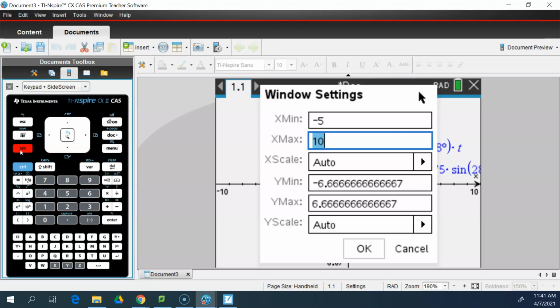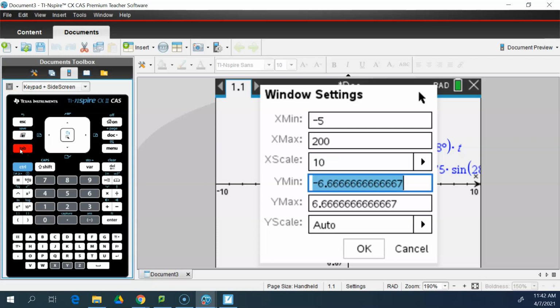How far out do we need to go? Well, where's the wall? 190 feet, right? So we should go out probably past that a little bit. So let's go to 200.